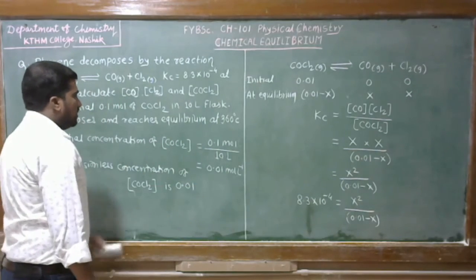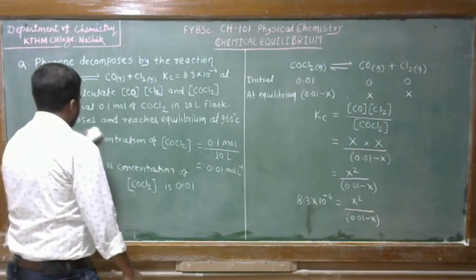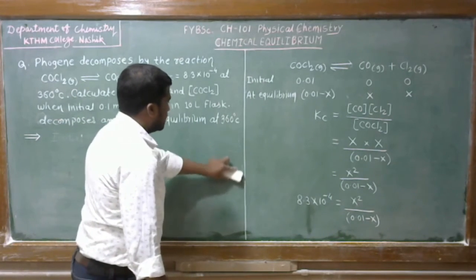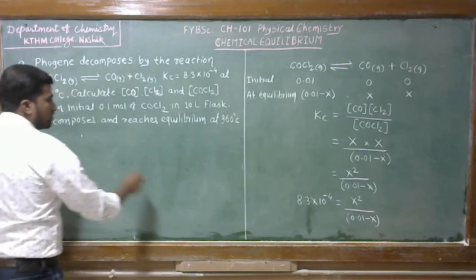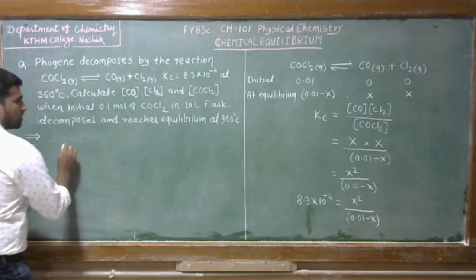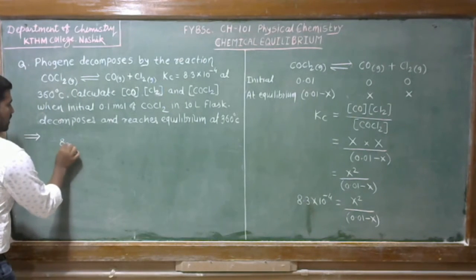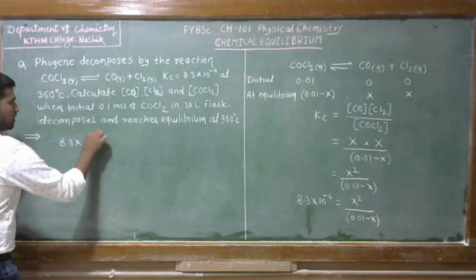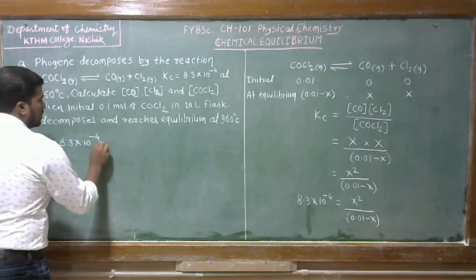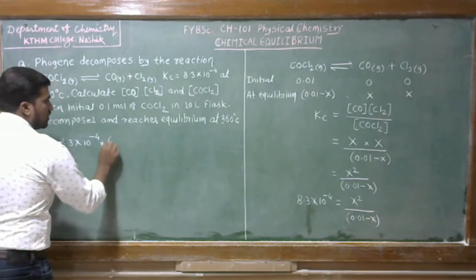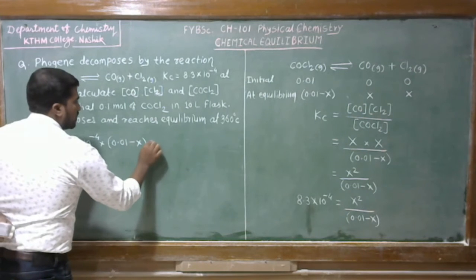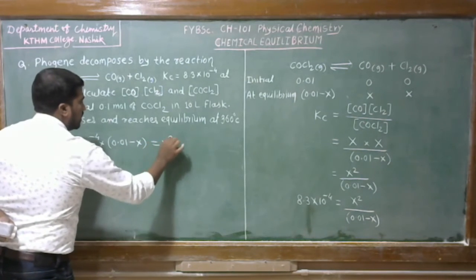Now solve this equation. By solving this equation, we get 8.3 into 10 raised to power minus 4 into 0.1 minus X is equal to X square.